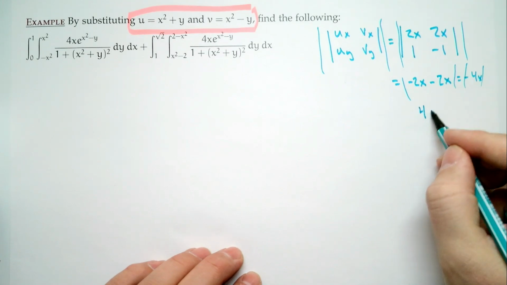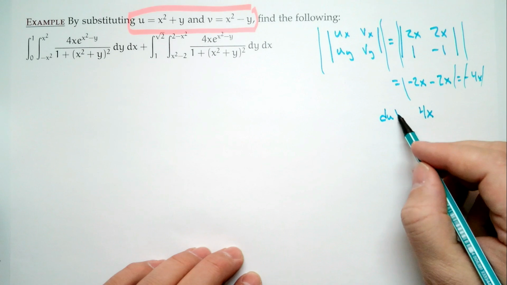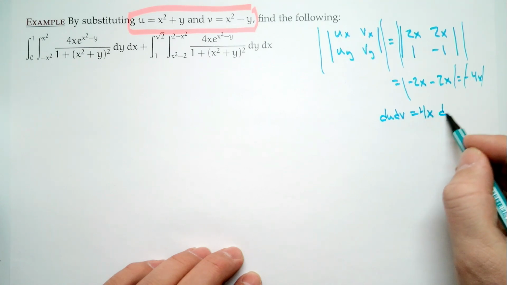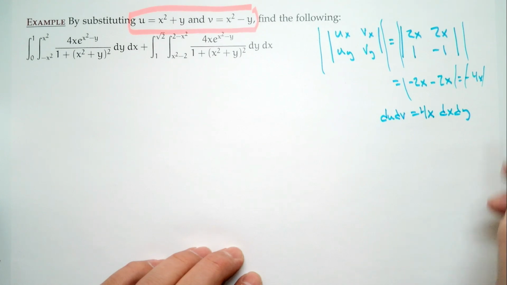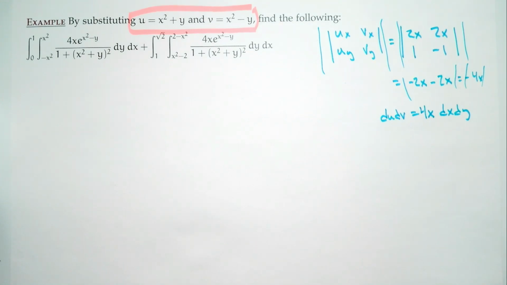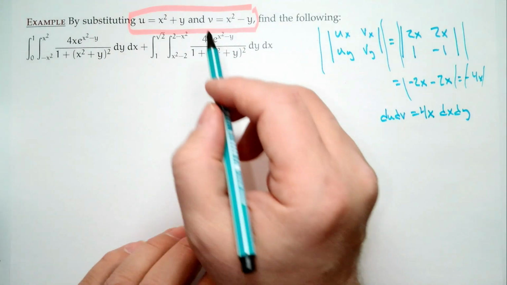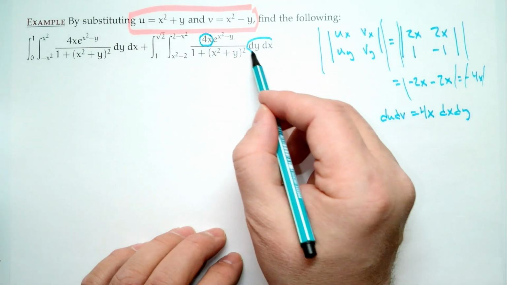Now, what does that mean? Well, what this 4x tells us is that du dv is 4x dx dy. That's what the Jacobian is telling us. So the fact that we get 4x out is that 4x goes there. Now, why is that useful? Well, let's look at what we have. Here we have a 4x dy dx.